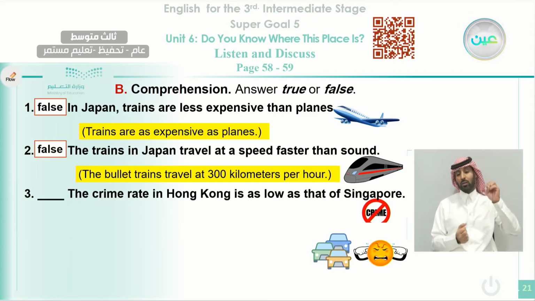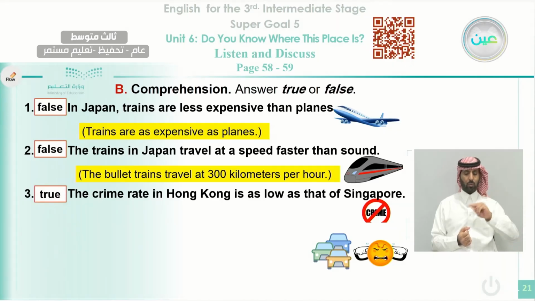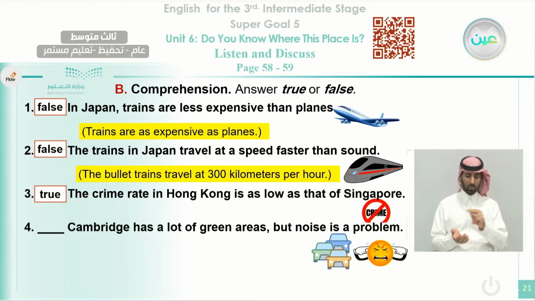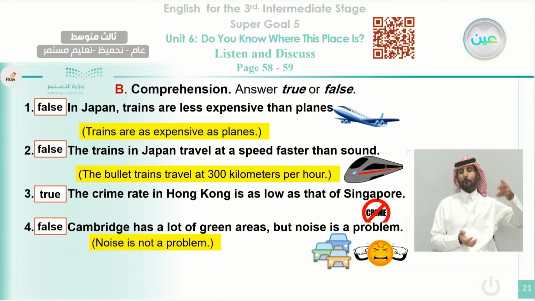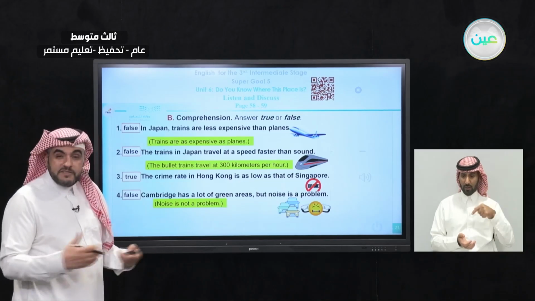Is the crime rate the same as in Singapore? That's a true statement. In number 4, Cambridge has a lot of green areas, but noise is a problem. Is the noise considered a problem? That's false. Noise is not a problem. There is noise as described in the paragraph, but it's not that much.